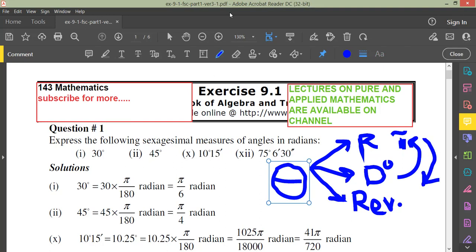If we take it on the whiteboard, this is simply the procedure to convert radian, and the procedure to convert degree into radian.